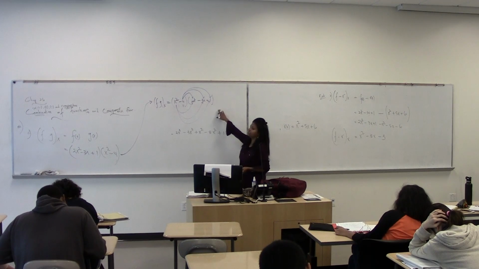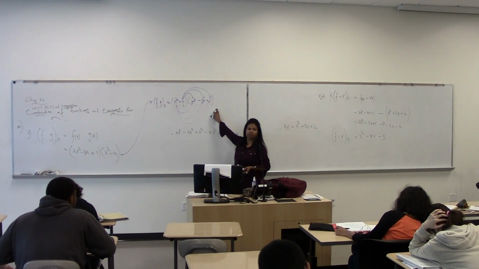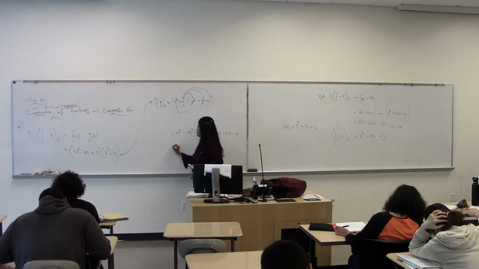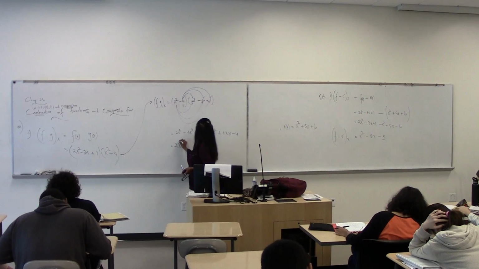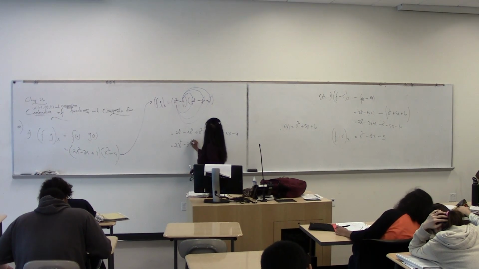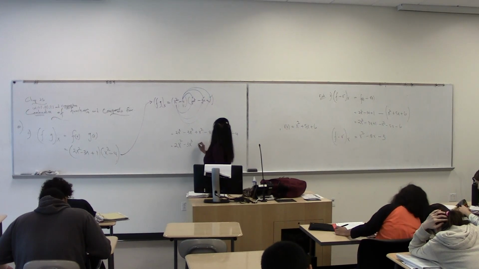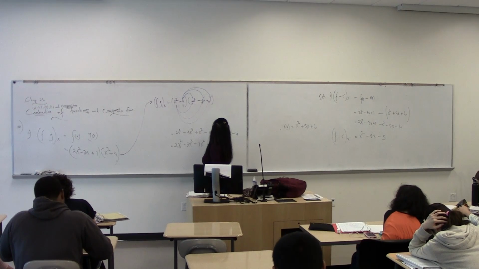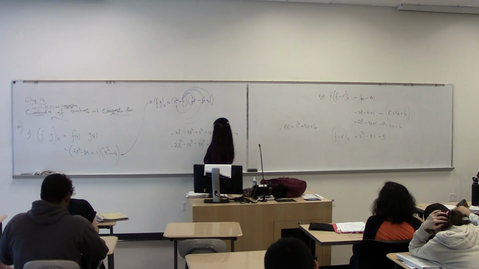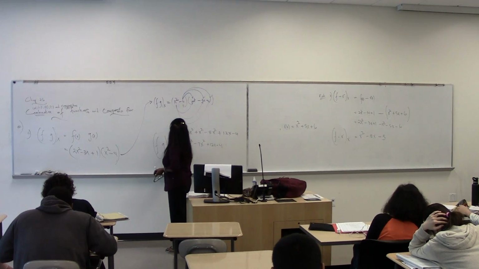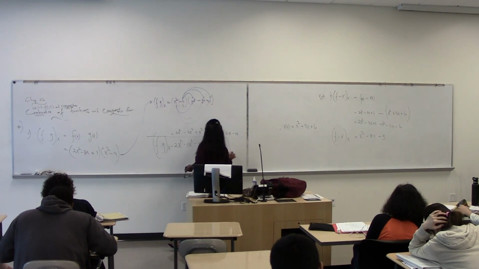If you leave it like this, that's not simplified all the way. Now we combine like terms. 2x to the 4 minus 3x cubed minus 7x squared plus 12x minus 4. That's it. So f times g of x is equal to this. Final answer.